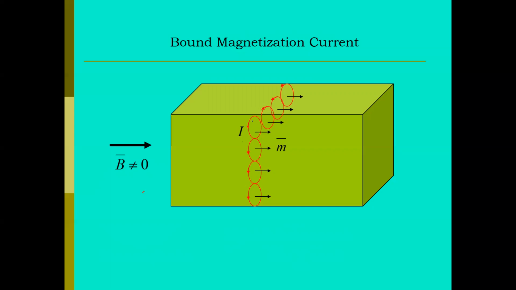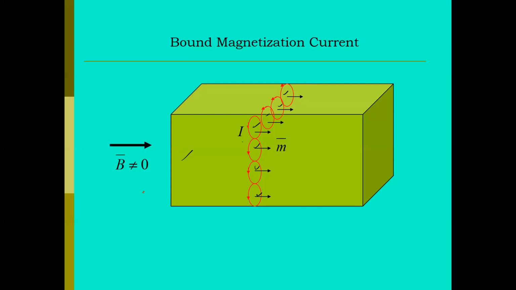So for example, here we have one, two, three, and four samples of dipole moment, or samples of atom, which are aligned on this surface. Then for the top surface we have one, two, three, so four samples of dipole moment which are aligned on the top surface of this material.